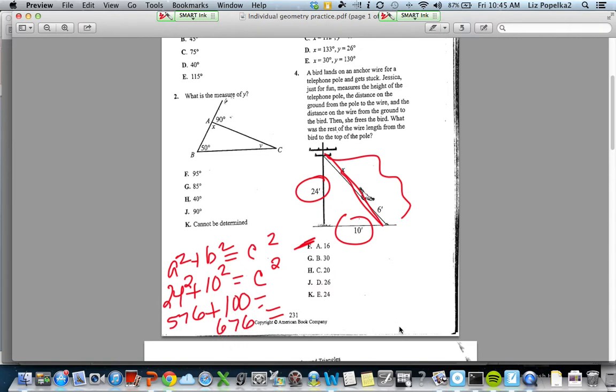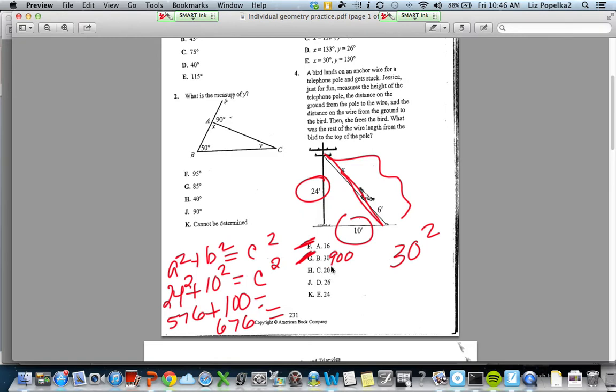So let's just take the answers that are given to us and square them and see which one gives us 676. Again, we've already ruled out option F, so I'm just going to start with G. If I do 30 squared, and actually I just noticed it does this weird A, B, C thing. I didn't even notice that misprint until just now. Sorry about that, guys. So 30 squared gives us 900 for this one, which is not the 676 we're looking for, so that's not going to be the right one.